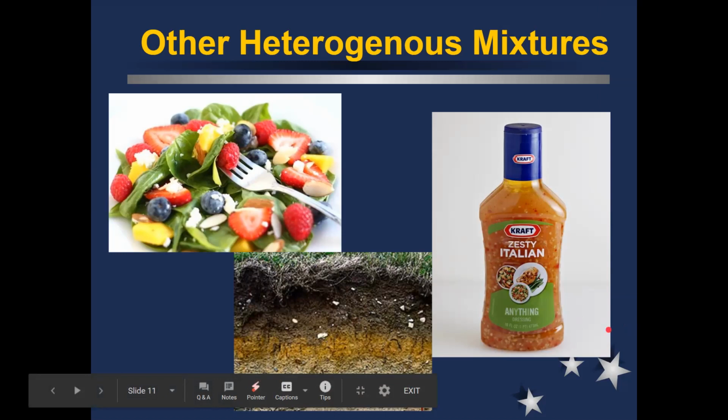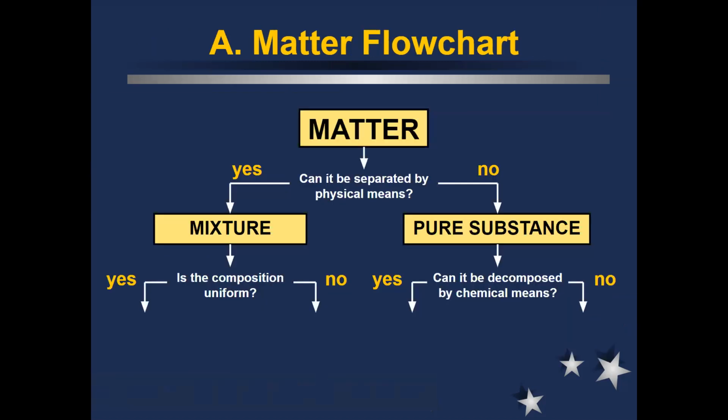So finally, as we wrap up the notes, I wanted to return to this flow chart now that we know a little bit more about the different types of substances we're talking about. Again, if we have lots of different types of compounds and particles all combined together, we have a mixture. If we just have the one single type of compound or element present, then we have a pure substance.